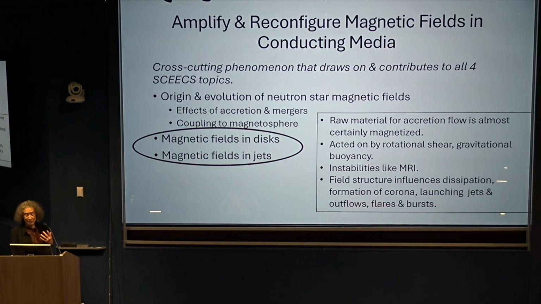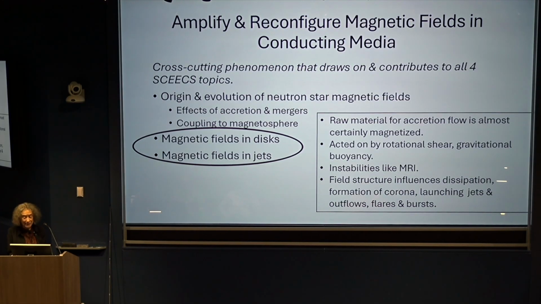So just for the background, it's hard to imagine that the raw material for an accretion flow is not magnetized. If it were not magnetized, that would be harder to explain than that it is being magnetized. And it's acted on by the kind of traditional forces we think of in disks: rotational shear, gravitational buoyancy.